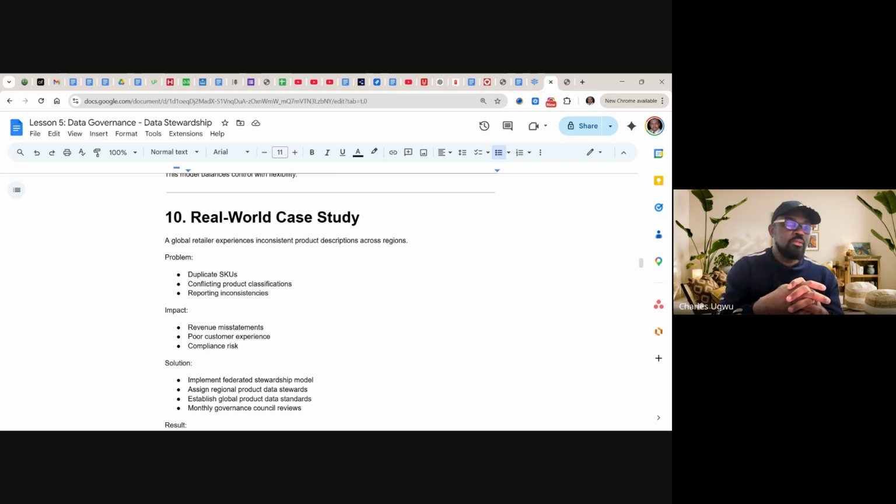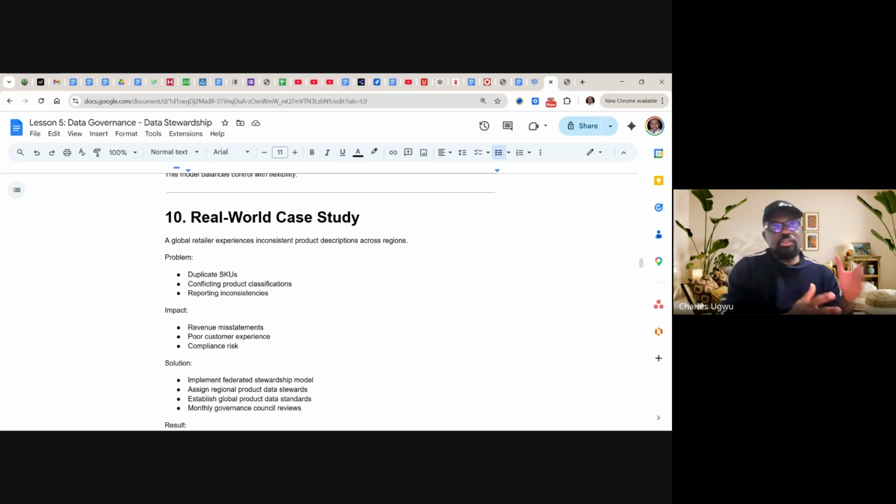And the impact: revenue misstatement. When there is inconsistency, reporting wrong figures, then you might report inconsistent revenue. You might be reporting that your company has made a huge profit, not knowing that they did not make that amount of profit.